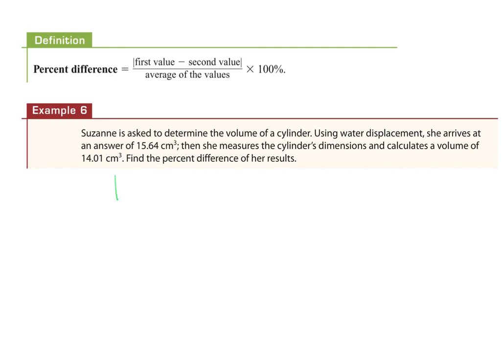We take my first value, which in this case was the displacement, 15.64, and we subtract the second value, which was when she calculated it, 14.01. That is going to be my numerator. But for my denominator, I need the average.